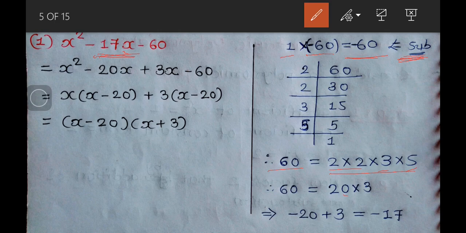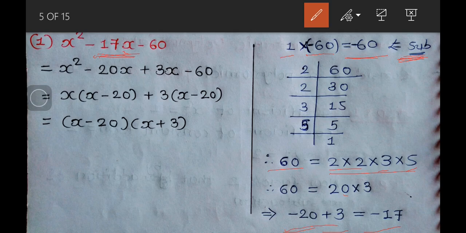Now about the sign: if we put minus 20 and plus 3, then we get minus 17, because 20 is the larger term, so we put the minus sign in the subtraction. So here we find the middle term. Here we have split our middle term as 20x plus 3x.